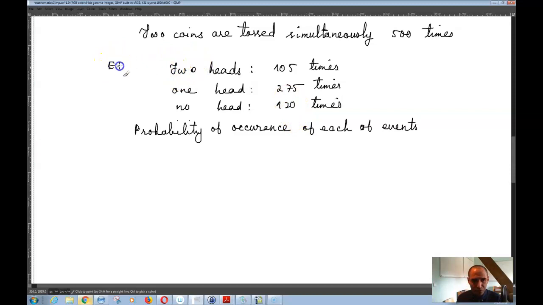E1 would be the event of getting 2 heads, the event of getting 1 head would be E2, and the event of getting no heads would be E3. And then the probability of each of these events happening would be P of E1, P of E2, and P of E3.